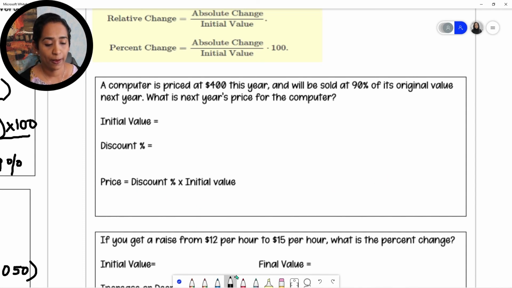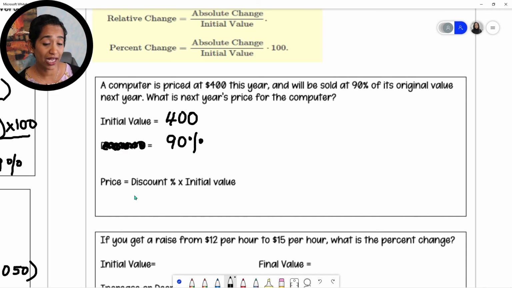Okay. Again, I'm going to start with the initial value. This year the computer is 400. And it will be sold at 90%. So it's not the discount. I could say the discount percentage is 10%, but it will be sold at 90, so I'm just going to say percentage. They're asking me to calculate the price.